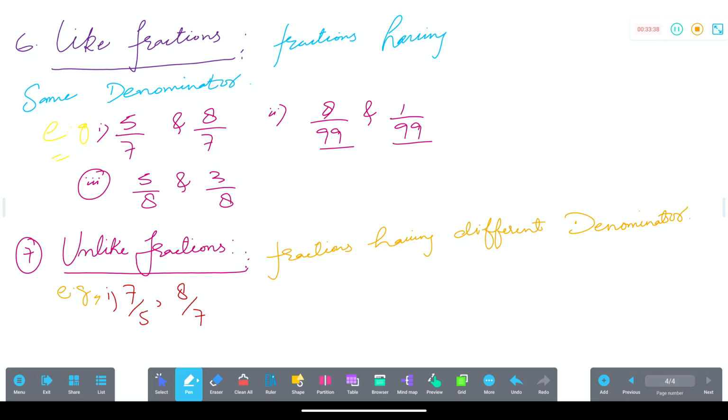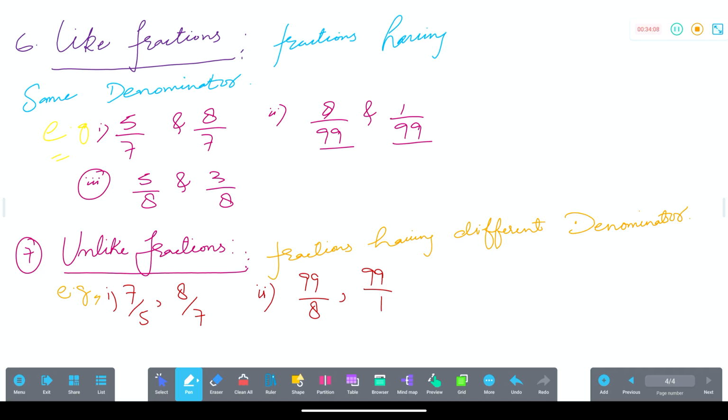Second example. You can take 99 by 8, comma 99. Now the confusion is clear. It was 99 by 1, but 1 didn't make any difference at the denominator. Since 99 can be put in A by B form, when you are dealing with fractions, you can consider it to be a fraction.